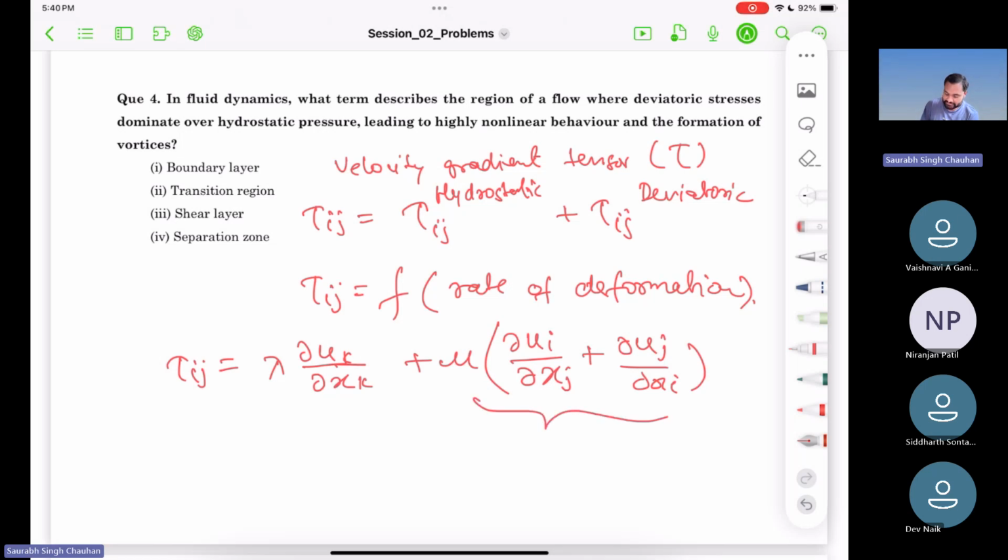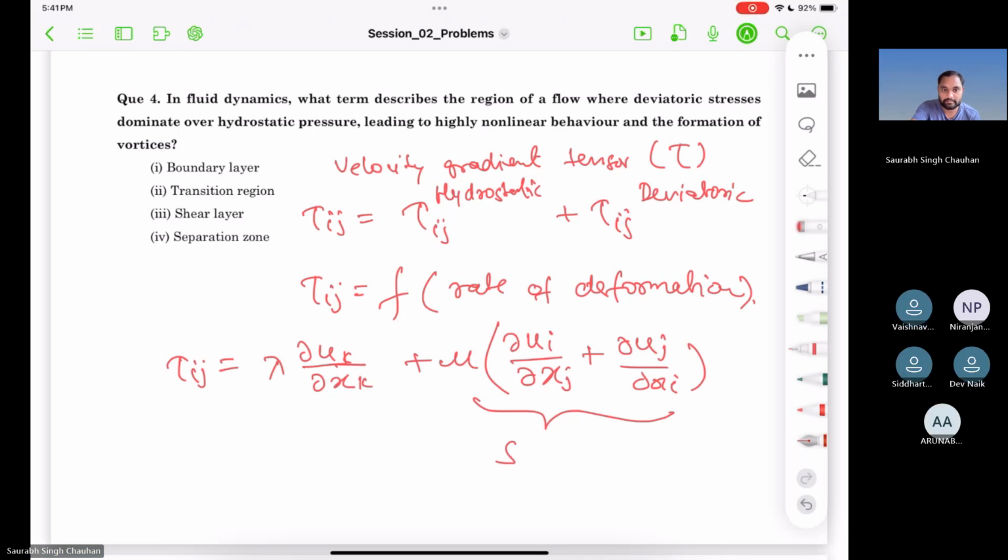This part is the shear deformation. So the deformation has two parts. One is called shear deformation, and another one is symmetric deformation, or you can say volumetric deformation. Okay.